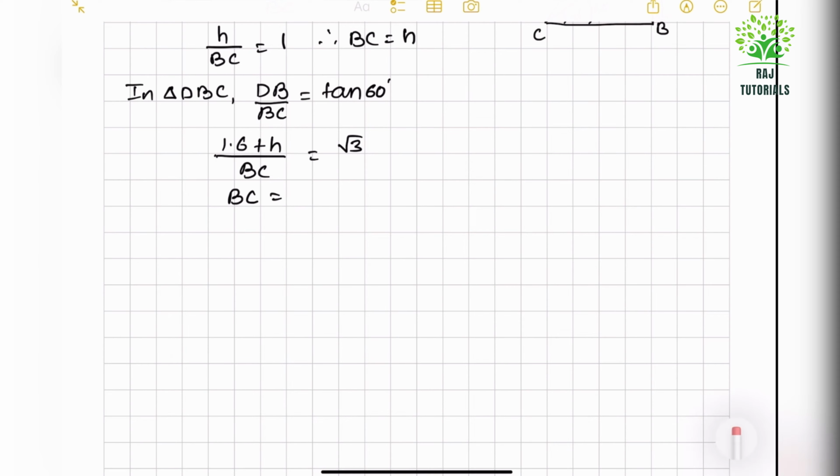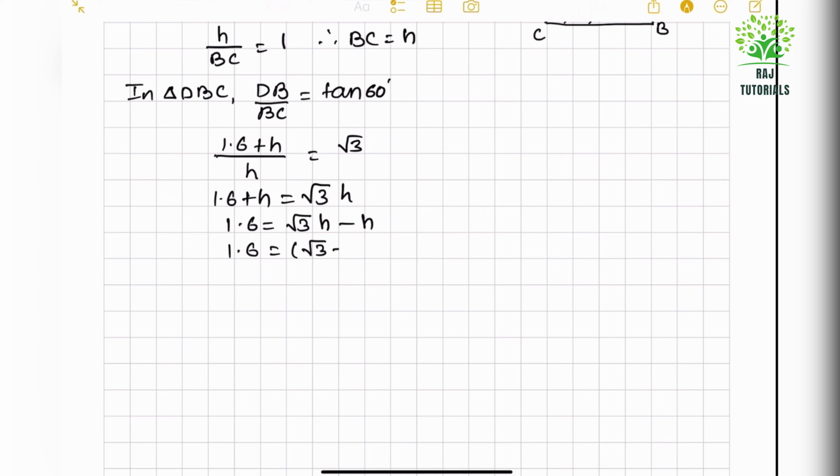So I can say (1.6 + h) upon BC equal to root 3. So that means BC equal to h, so (1.6 + h) upon h equal to root 3.